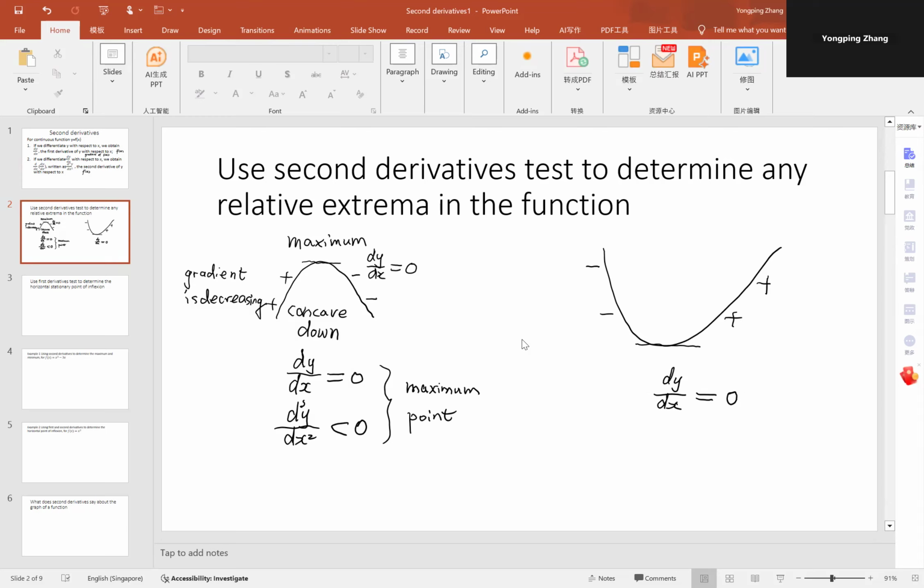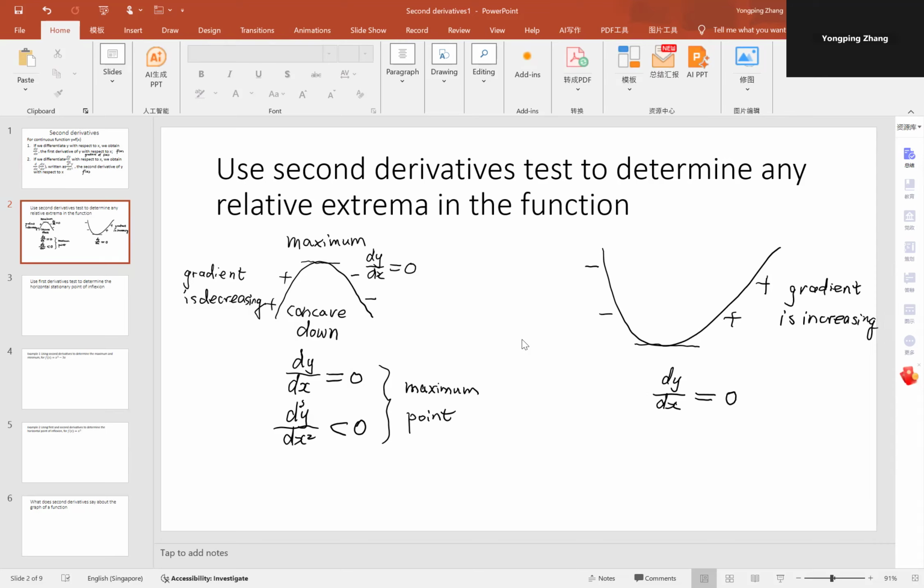So the gradient is increasing, so d squared y/dx squared is positive.